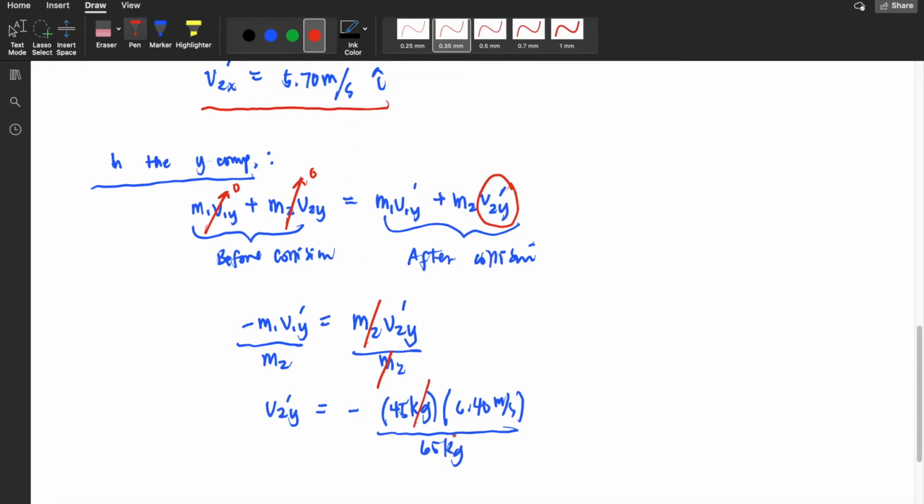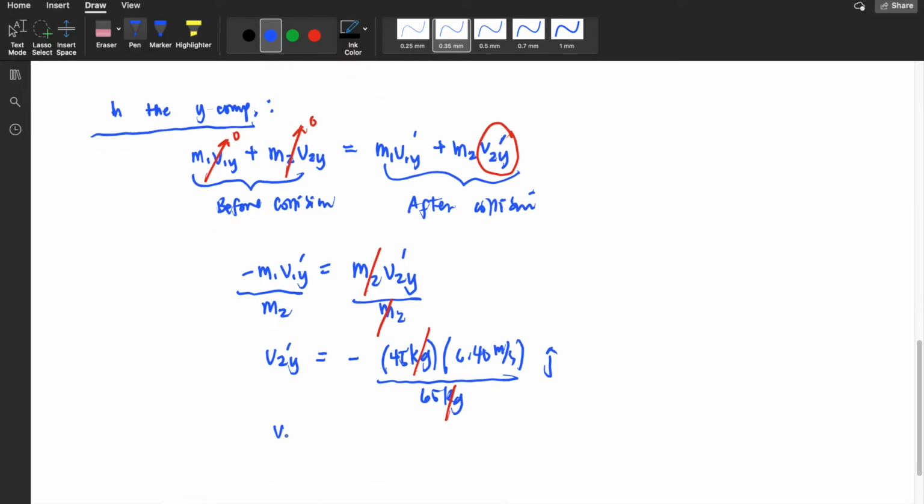The units cancel out. Take note that we'll have units of j hat here, I forgot to write. So your v2y' is simply equal to negative 4.43 meters per second j hat, or can be written as 4.43 meters per second negative j hat.